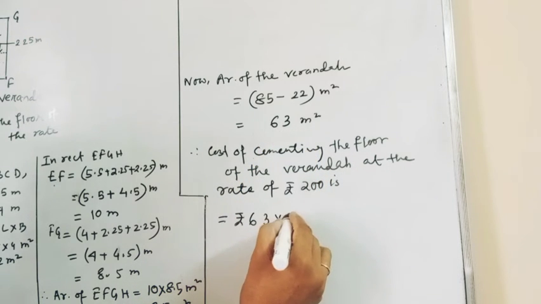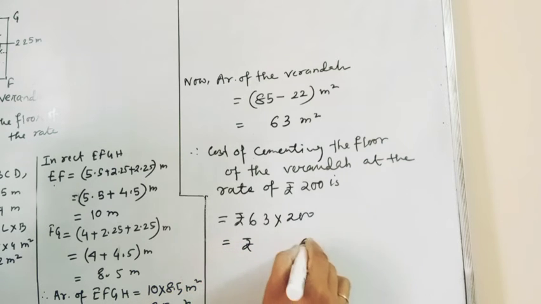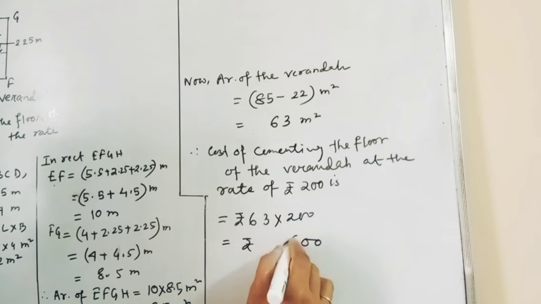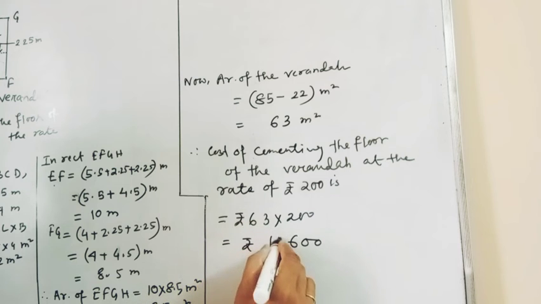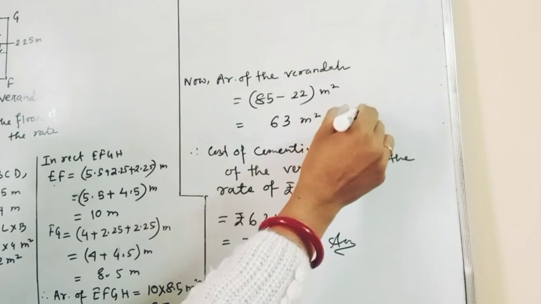So 63 multiplied by 200 rupees, and you will get 12,600 rupees.